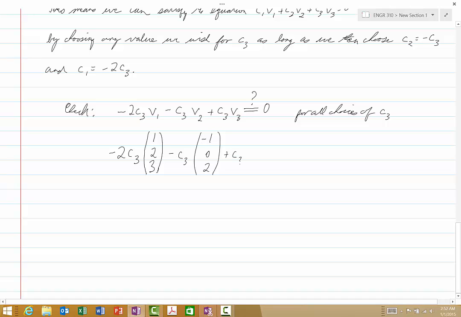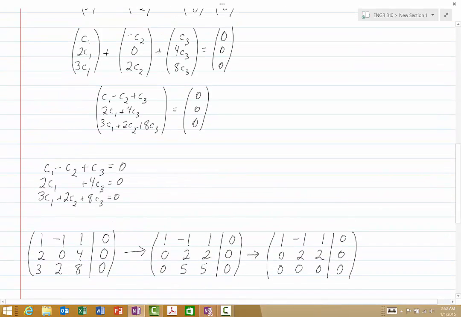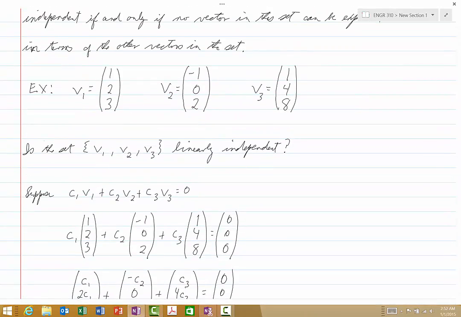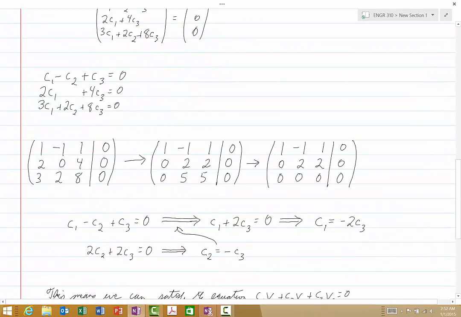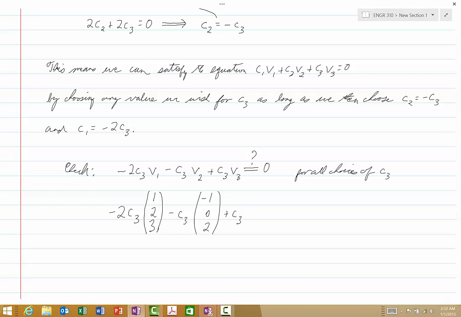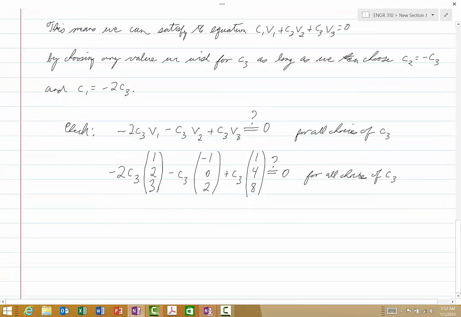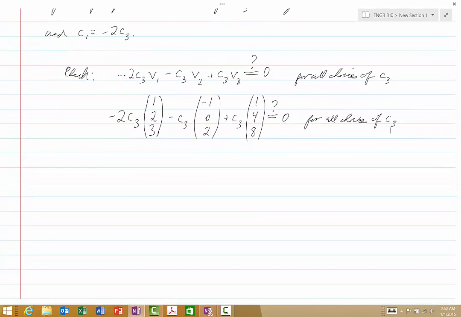Plus C3 times V3, and V3 is 1, 4, 8. And then we'll say equals question mark 0 for all choices of C3. This is what we're trying to check and see if that statement is true.